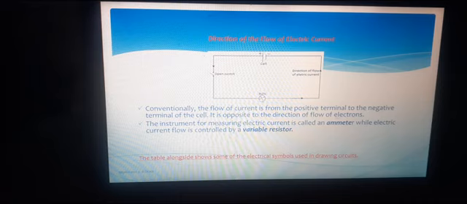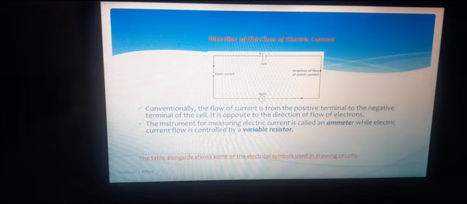It is opposite to the direction of the electrons. Electrons move from negative to positive. The instrument for measuring electric current is called an ammeter, while electric current flow is controlled by an instrument referred to as a variable resistor.